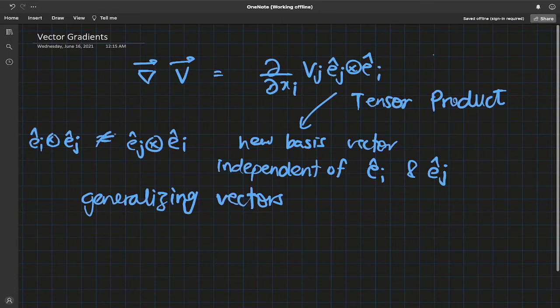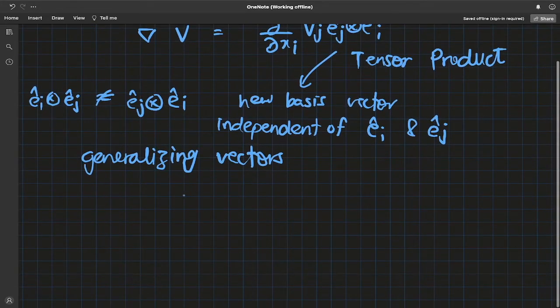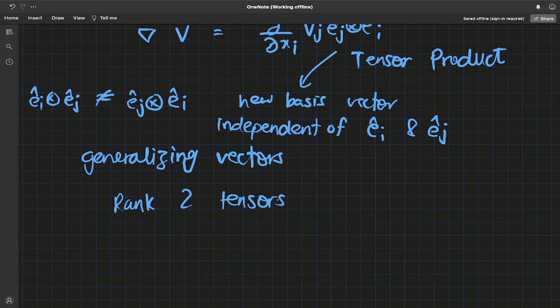Okay, so fine. Even if we have this abstract concept of a tensor, how do we really work with it? Well, this is a rank 2 tensor because each basis has two vectors in it. Vectors are rank 1 tensors.